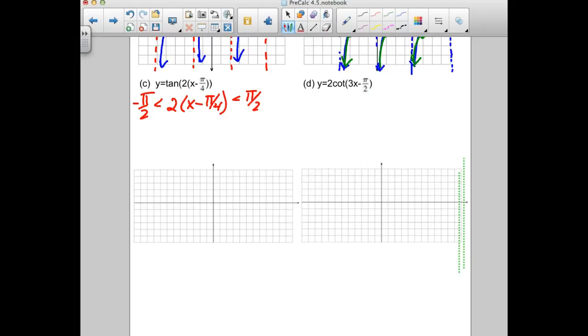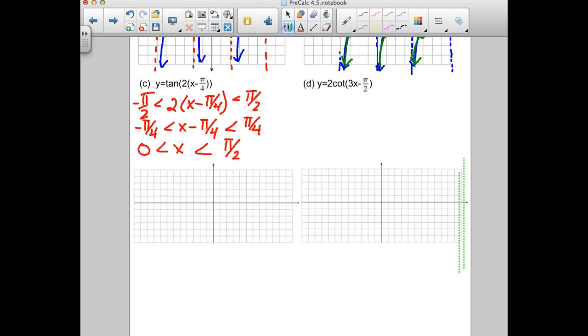Divide a 2 out of both sides, which makes this negative pi over 4 and positive pi over 4. Okay, now what? Add the pi over 4, which makes this 0 and this pi over 2.